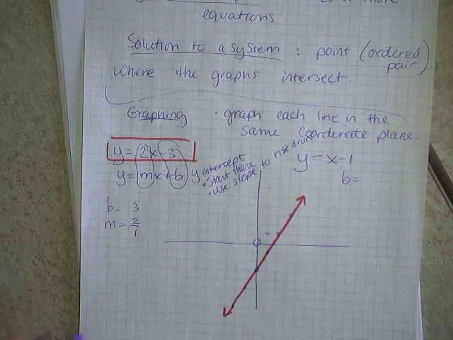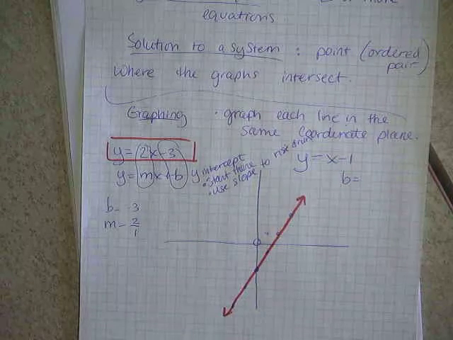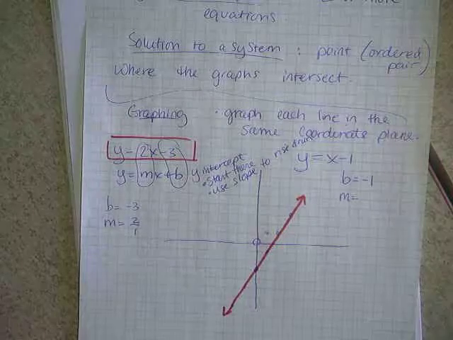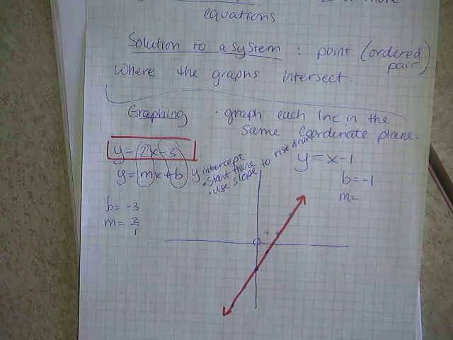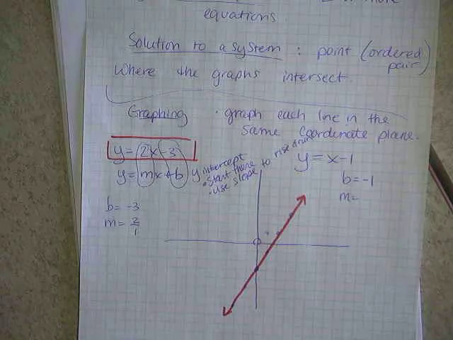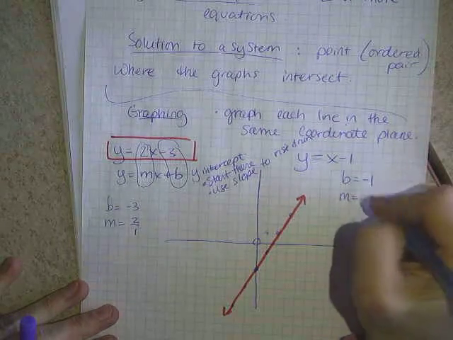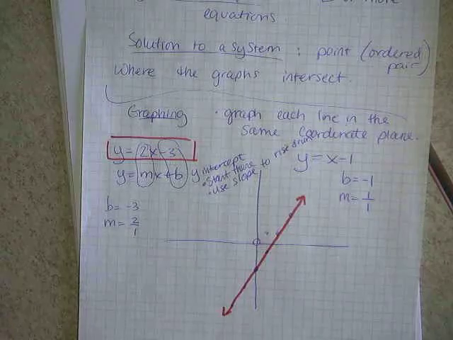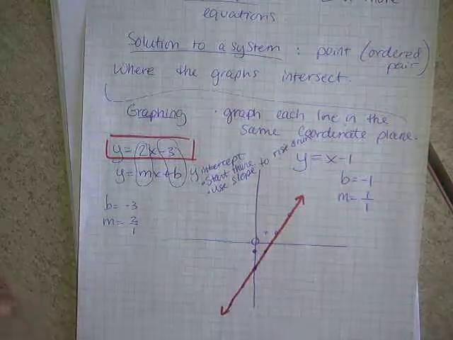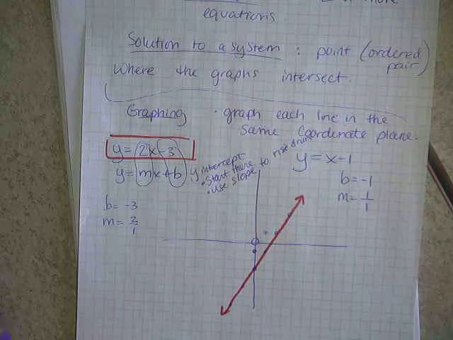Now the other one, same thing. We need our slope and our y-intercept. Our y-intercept would be what? -1, and our slope, 1. If there's nothing in front of x, remember it's not 0. If it were 0, x wouldn't even be there. So the slope is 1 over 1.